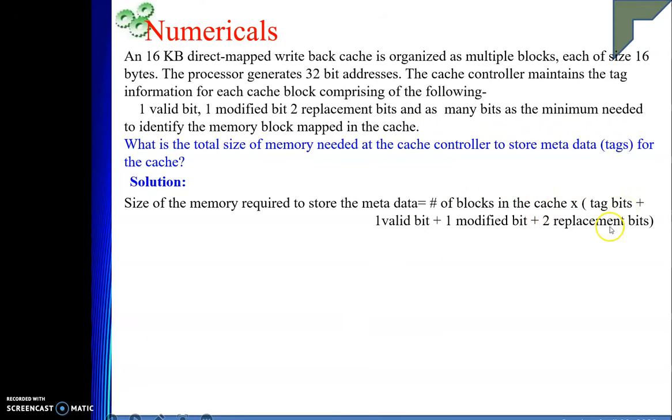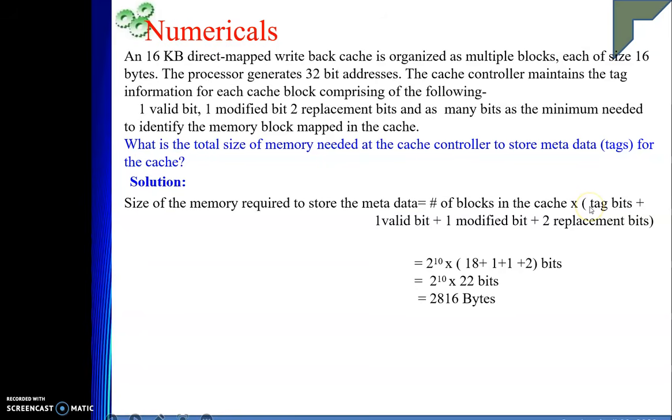For every block they are there. So 2 to the power 10 blocks were there. 18 plus 1 plus 1 plus 2 is 22 bits. So if I do the multiplication and convert it into bytes, then it becomes 2816 bytes. So this is the size of the memory required to store the metadata at the cache controller.